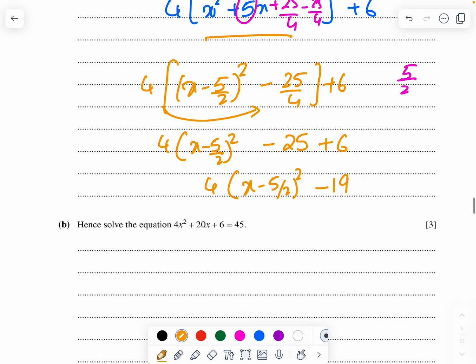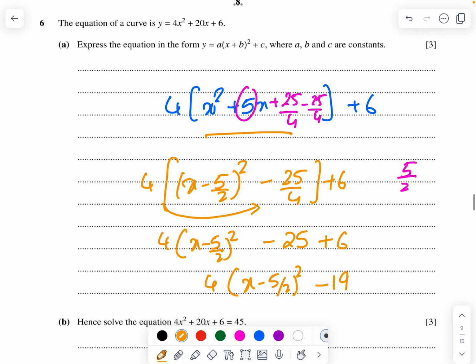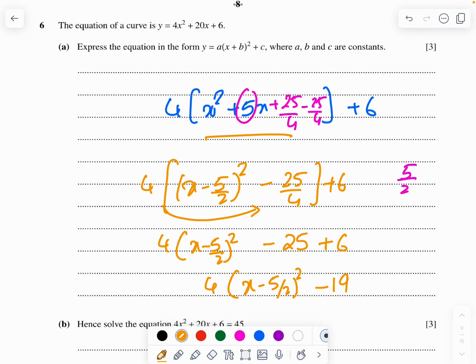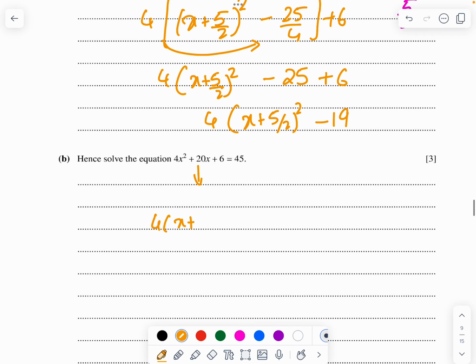Hence solve this equation. This one just now we did as 4 times of x minus, is it x minus? It is x plus, because it was plus. So 4 times (x plus 5 upon 2) whole square minus 19 equals 45. 4 times (x plus 5 upon 2) whole square equals 64. Then take square root on both sides.